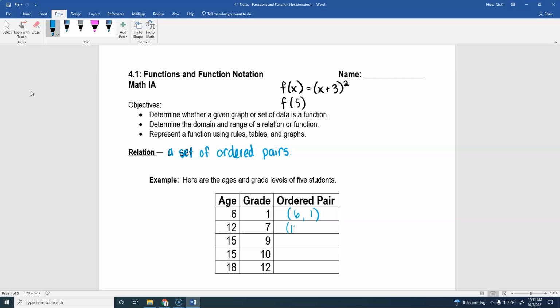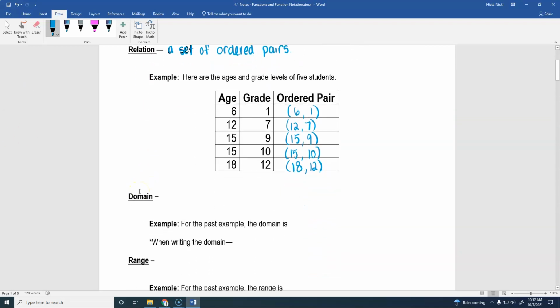So I would also have (12, 7), (15, 9), (15, 10), and (18, 12). All right, so that would be our set of ordered pairs.